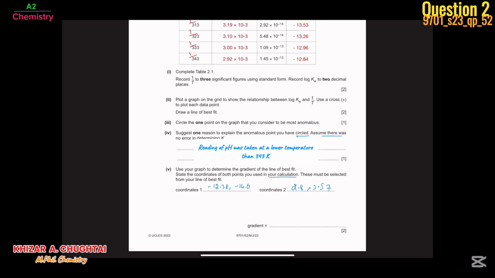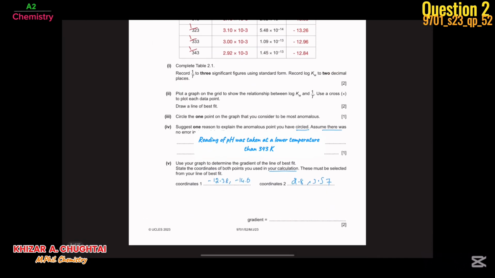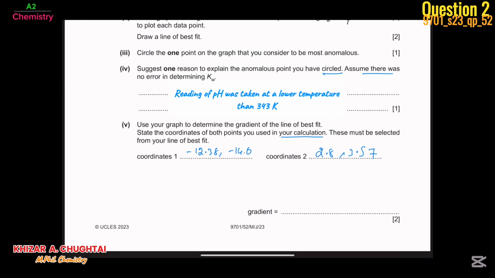So now he is asking to find the gradient, and as I have calculated over there, that is equal to 2.85. I mean y2 minus y1 over x2 minus x1, that is the gradient, and here it is 2.85. So that is the answer for this gradient.